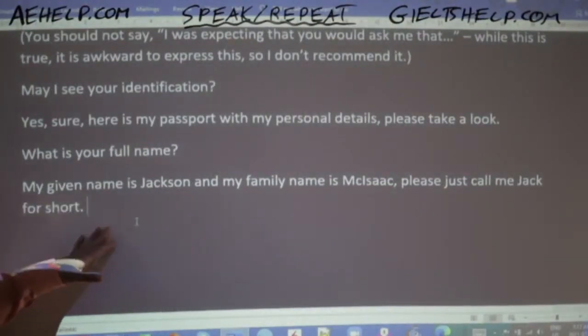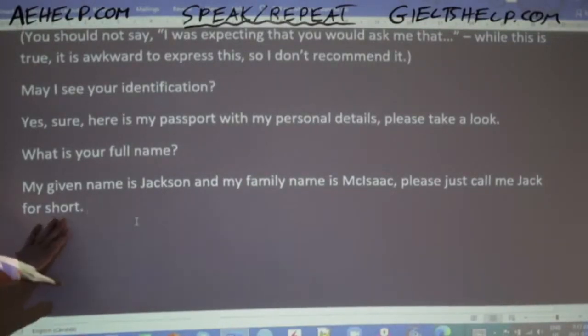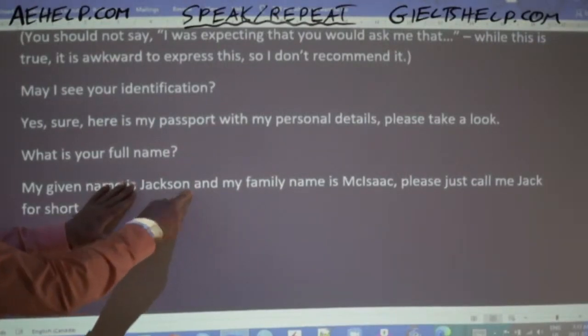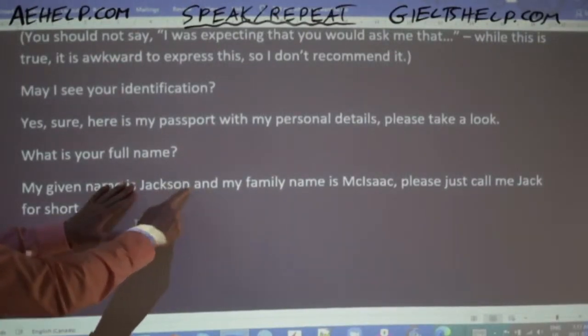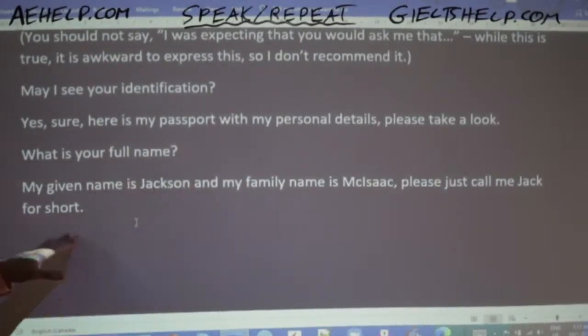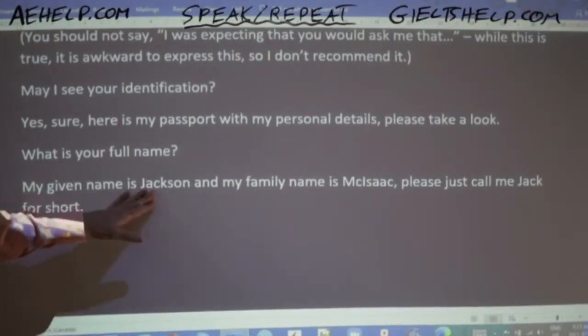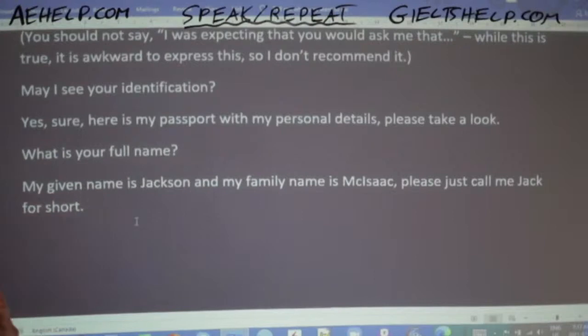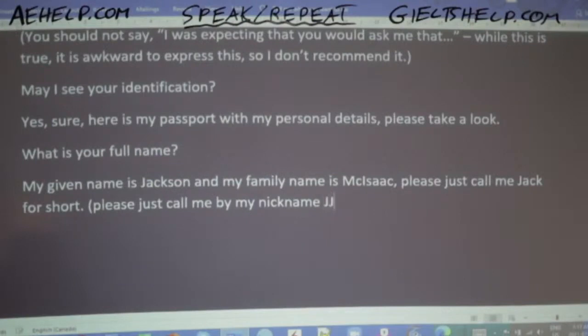Be very careful. Be clear on the fact that a short version of the name is when you have the long version like Jackson and you take off a piece like SON and you end up with Jack. That would be the short form. A nickname would be something like call me JJ, okay? Please just call me by my nickname JJ, okay?